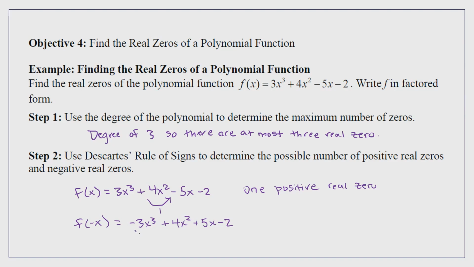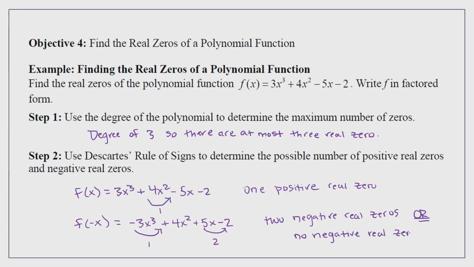Between the first and the second, we have a sign change, and between the third and the fourth, we have a sign change. So there are potentially 2 negative real zeros, or no negative real zeros.